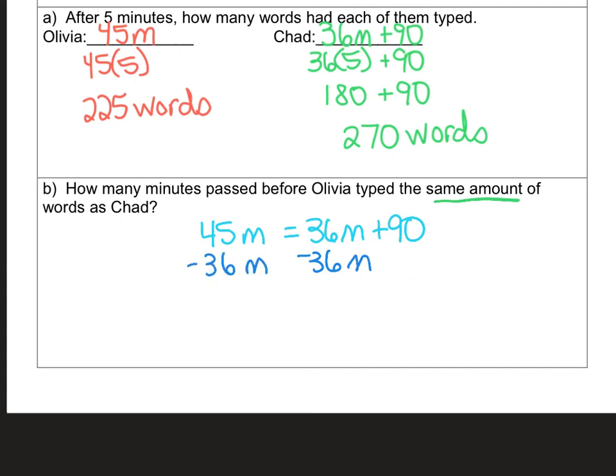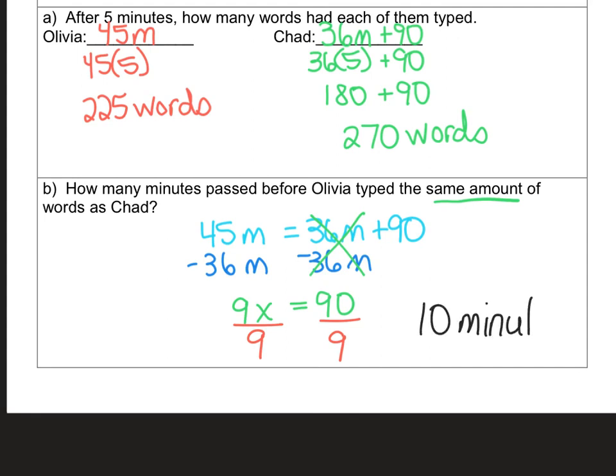We're going to get variables on one side by moving them to the other side. We get 9x equals 90. Divide each side by 9.